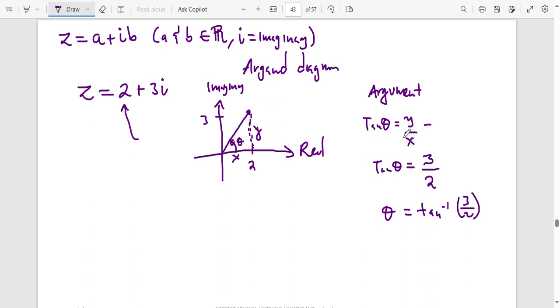Did you attend the vectors? So you use SOHCAHTOA. Tan of an angle is given by the opposite side divided by the adjacent side.